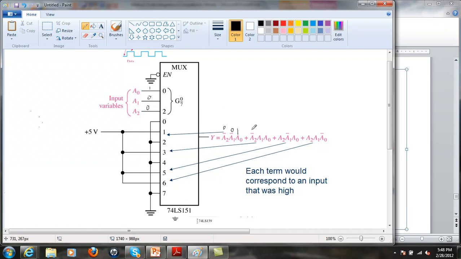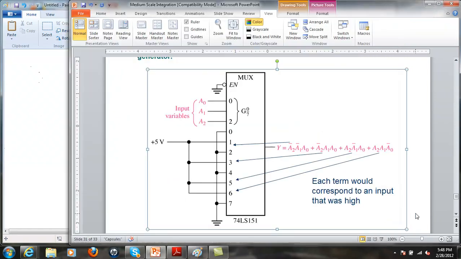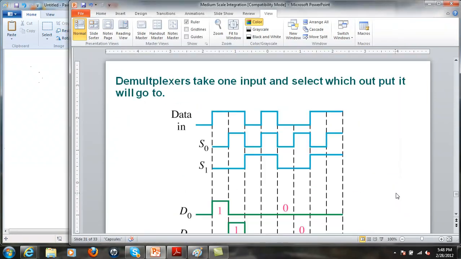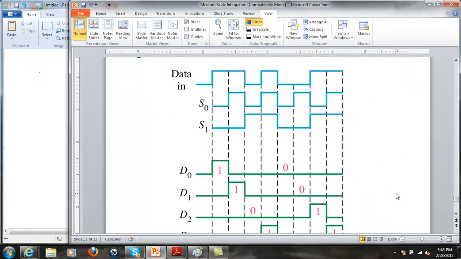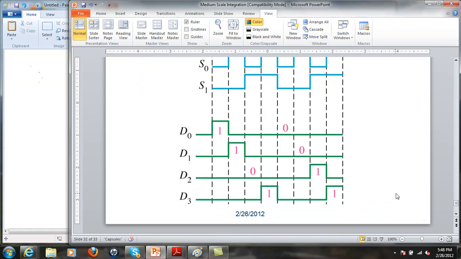Now if I go in here with this one, this is going to give me a 0, 1, 1. It's selecting this output. That's high, and so on. So this is sort of another way to do what we just spent 5 weeks doing. Okay, so this is summarizing again what a multiplexer does.